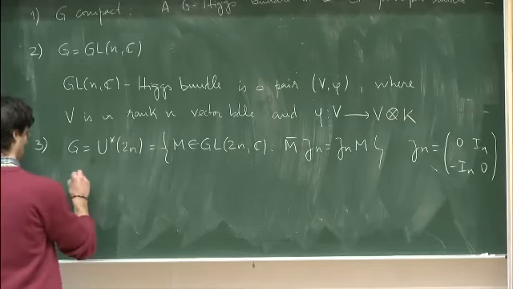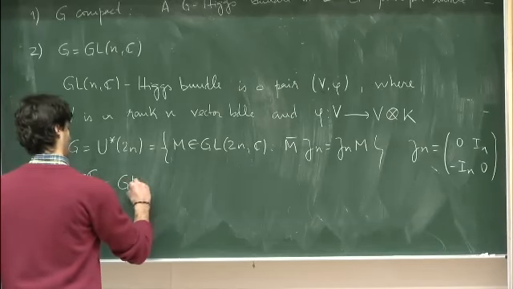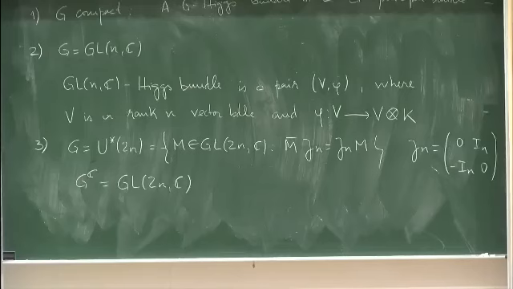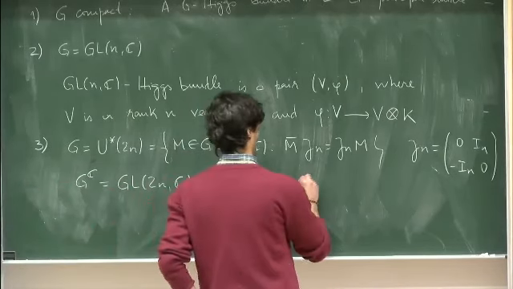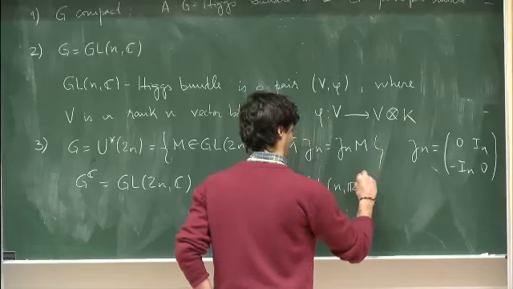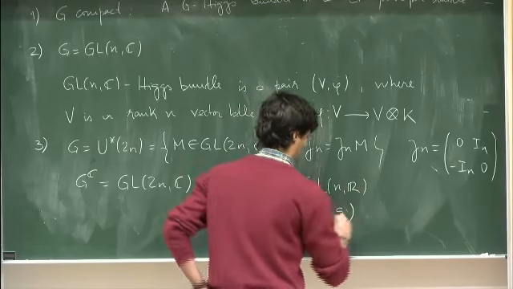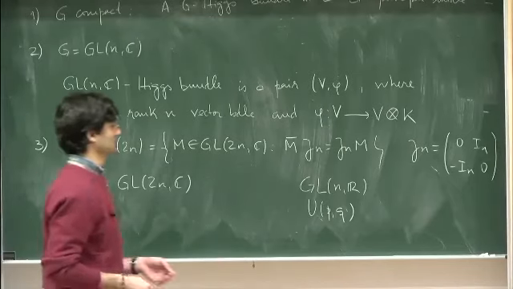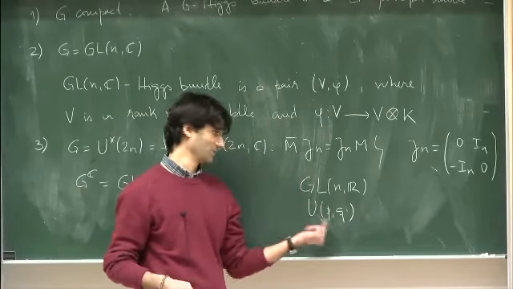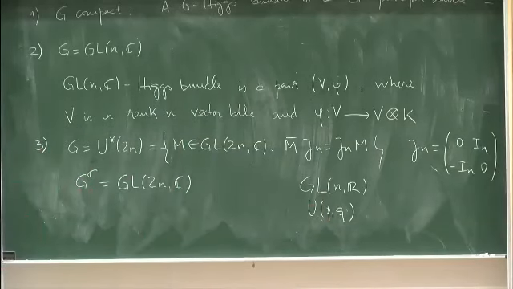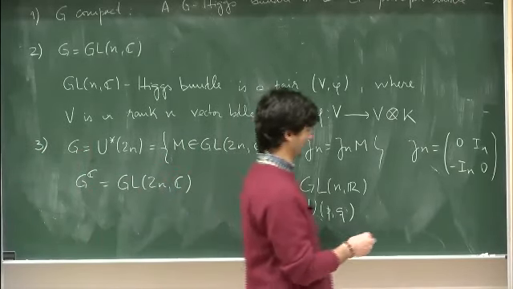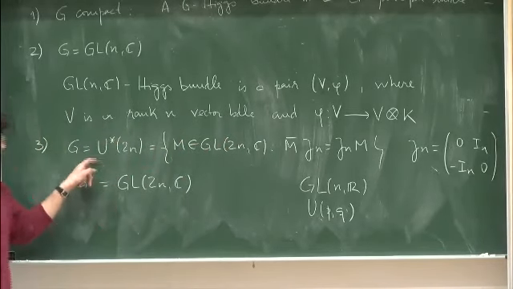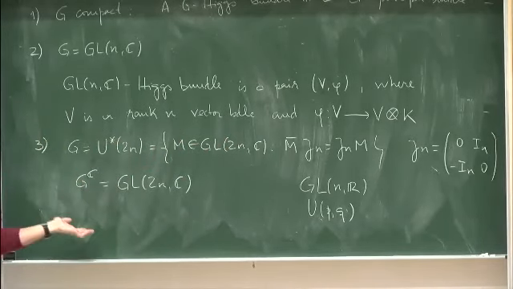This group is a real form of GL_n, or GL_2n in this case, and for all the other real forms, GL_n(R), the compact form U(n), and U(p,q), that problem has already been studied and solved by Garcia-Prada, Bradlow, and Peter Gothen, and this was the remaining one. So that's the reason.